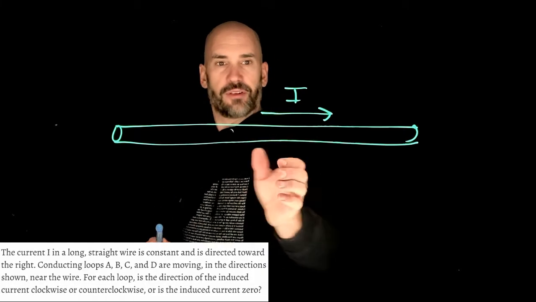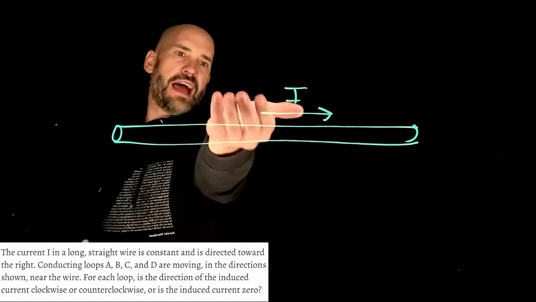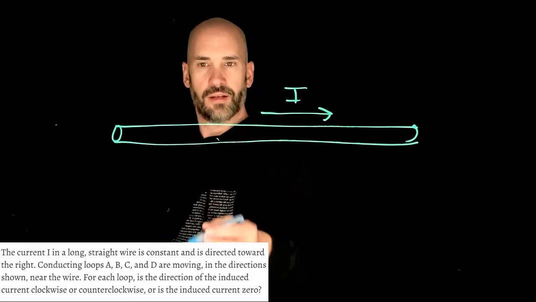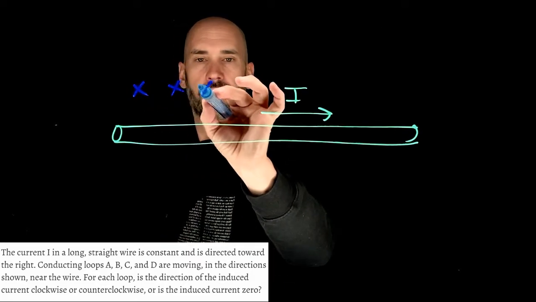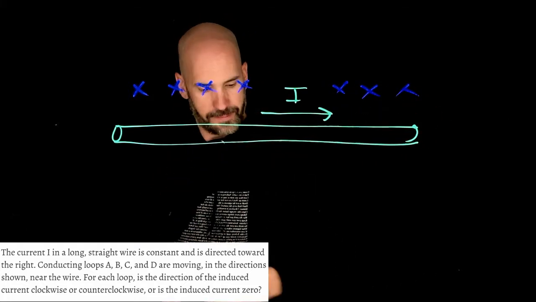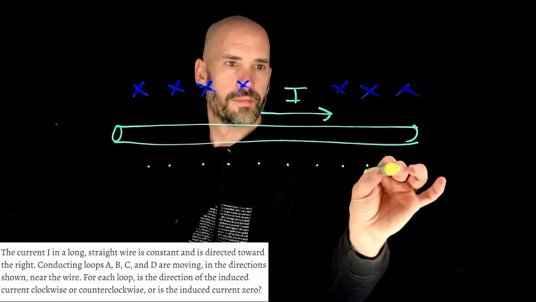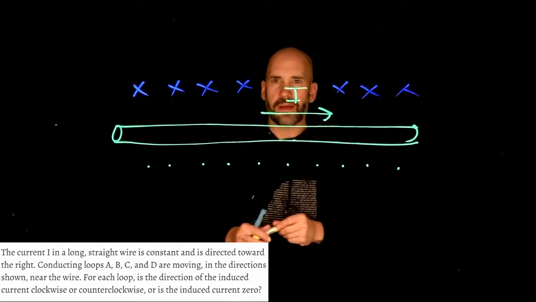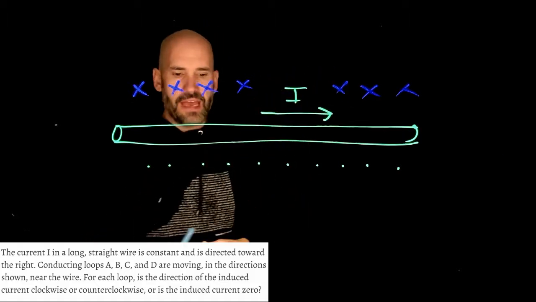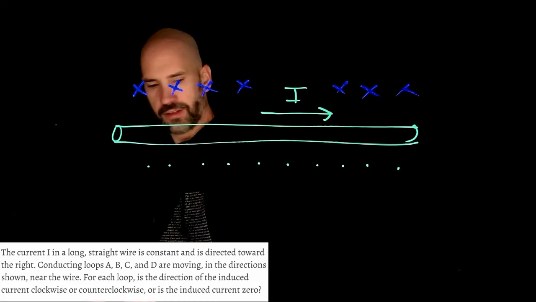So this field is going to be in here and then out this way. So in, out, and you have all these different loops around it.